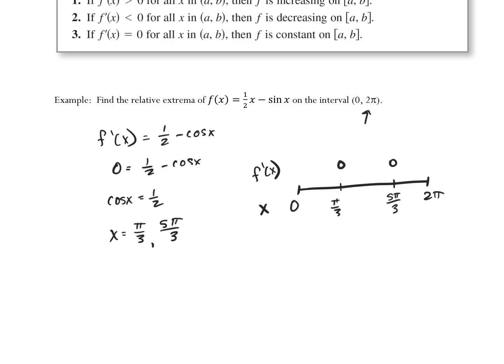Cosine of pi over 6 is root 3 over 2, so 1/2 minus root 3 over 2. I know that 1/2 is smaller than root 3 over 2, so my answer will be negative. What does that tell me about my function? It is decreasing.